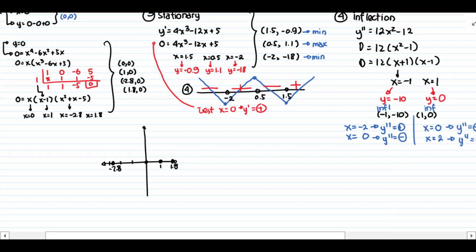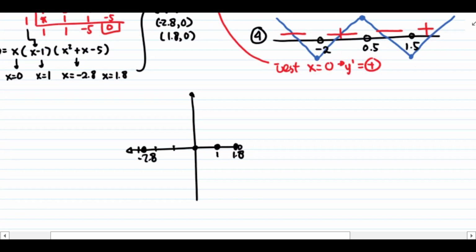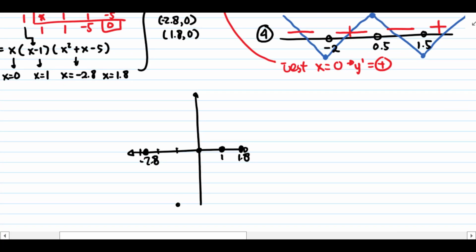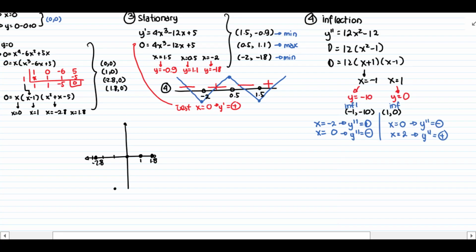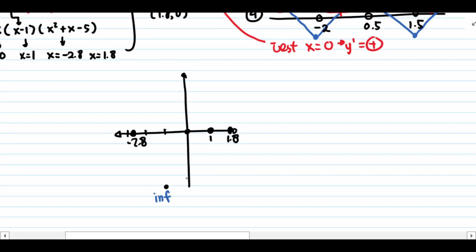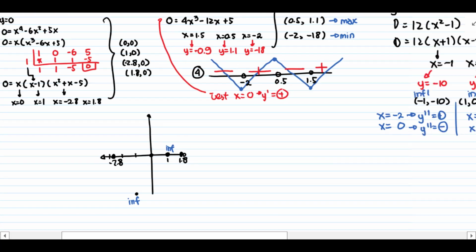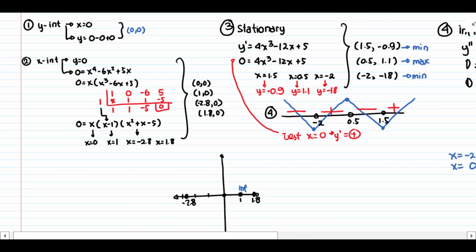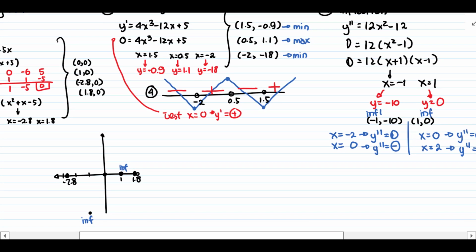And also the inflection points. The inflection points are (negative 1, negative 10) and (1, 0). Okay, these are inflection points. Oh, the stationary points are not there yet.